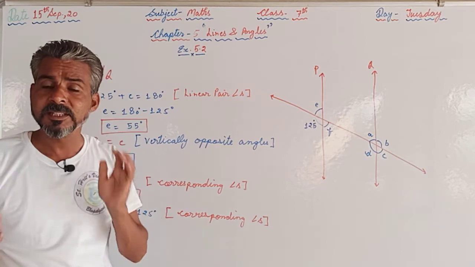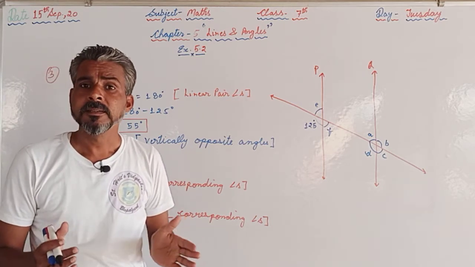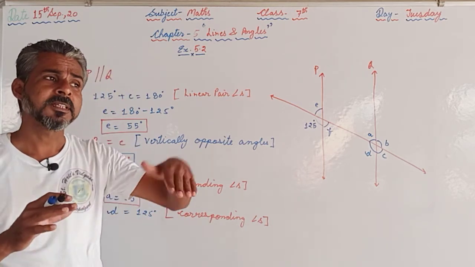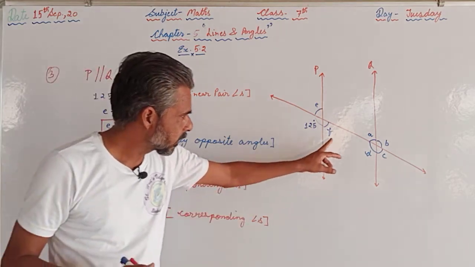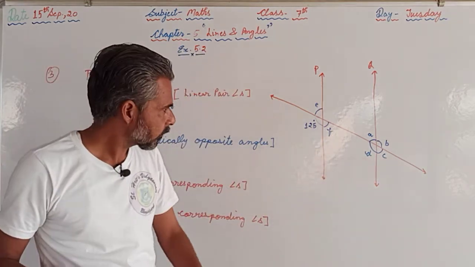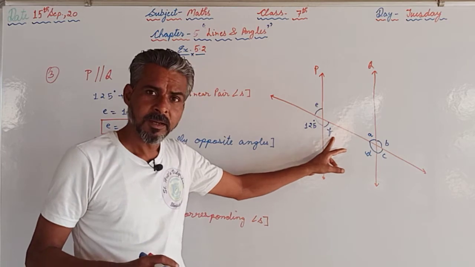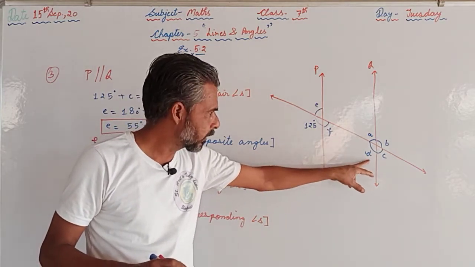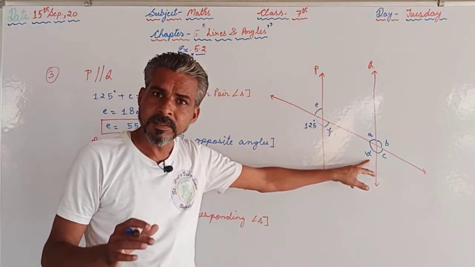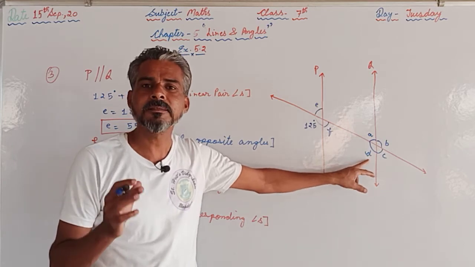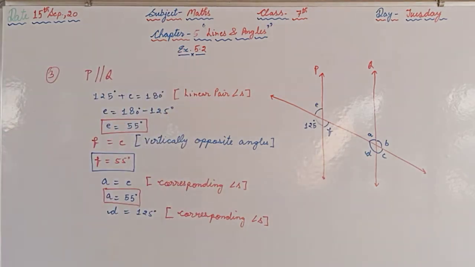The sum of the consecutive angles, meaning the interior angles on the same side of the transversal, like F and D: the value of F will be 55 degrees and the value of D will be 125 degrees. They need not be equal, but their sum is 180 degrees. So we are supposed to use this property of consecutive angles.